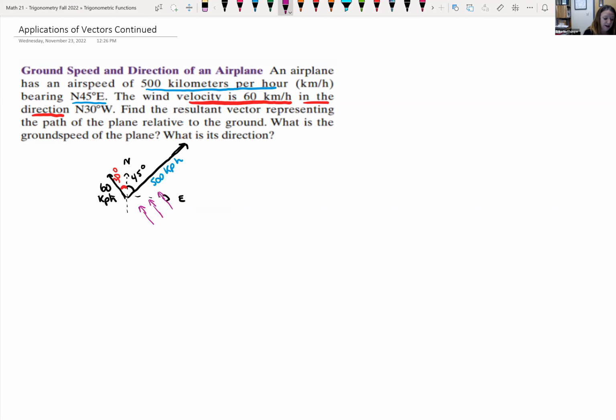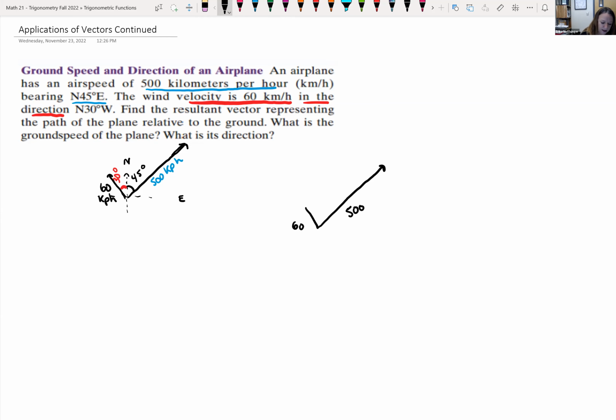And that resultant vector we can get by making a parallelogram. Maybe let me go over here. So we've got this, we've got this. This is 500. This is 60.